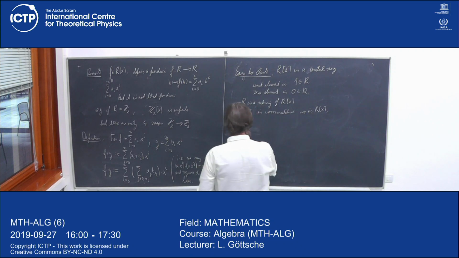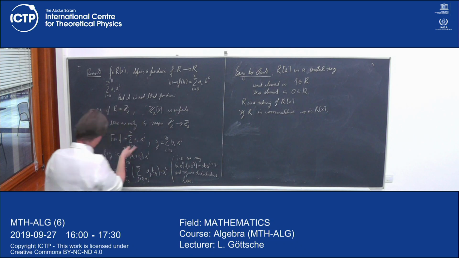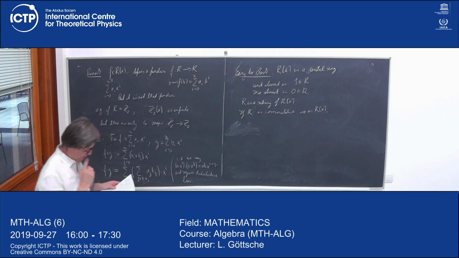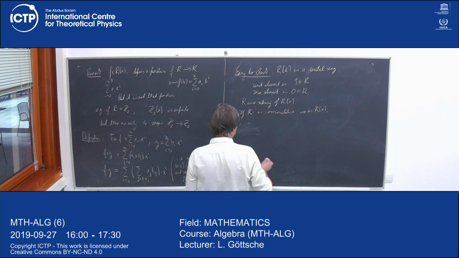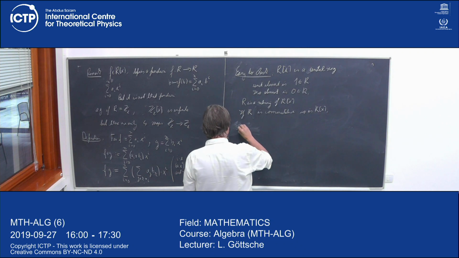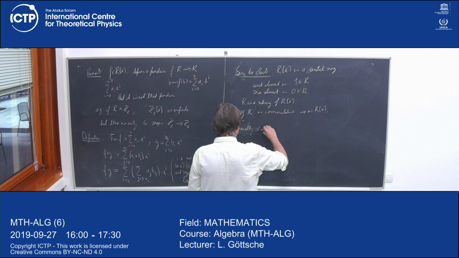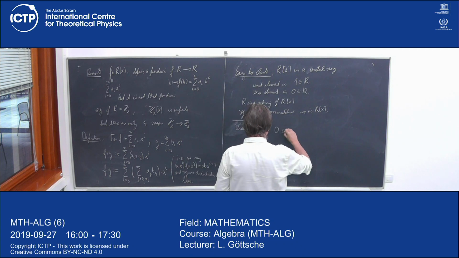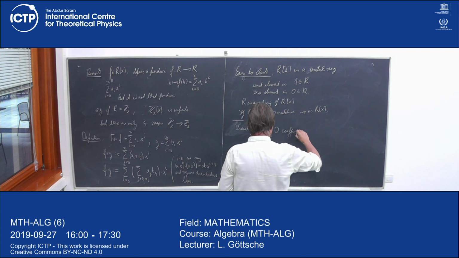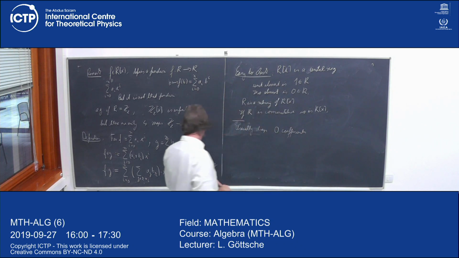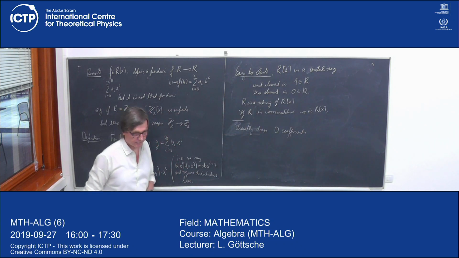So maybe first, obviously we don't always want to write all this nonsense here, so we use the standard notation. So usually we drop 0 coefficients. If some of these numbers is 0, we don't necessarily have to write it.